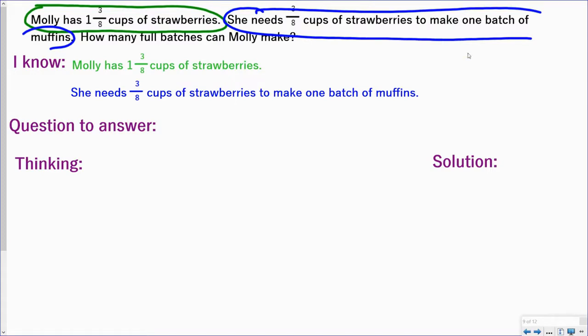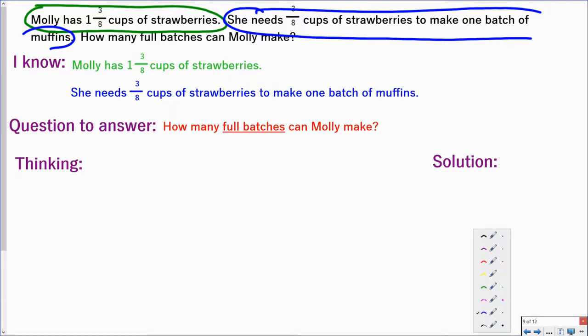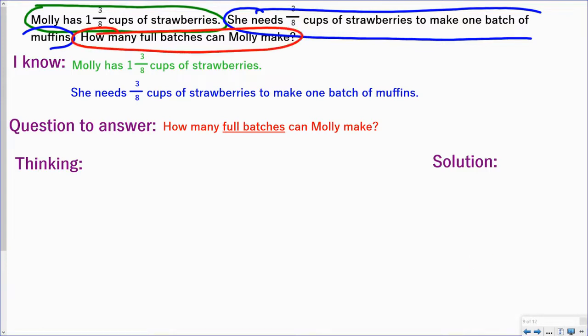And then the question that I need to answer is how many full batches can Molly make? And that comes from the end here. So there are my three parts to my question.